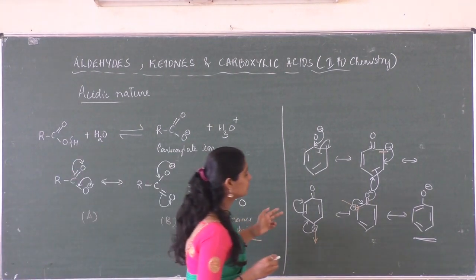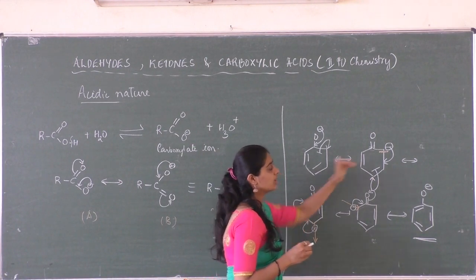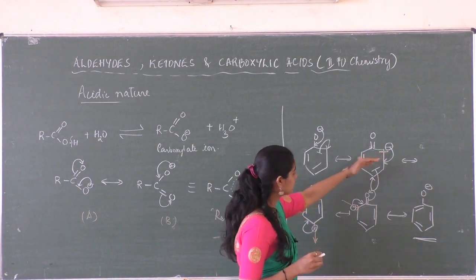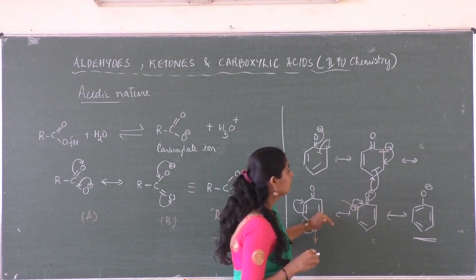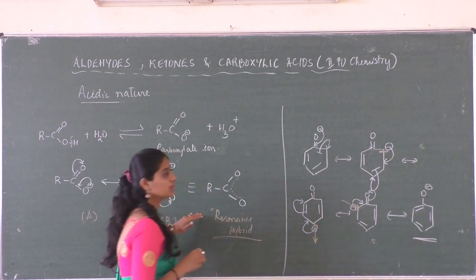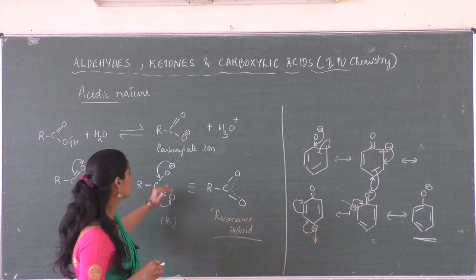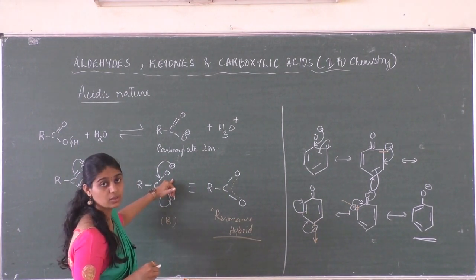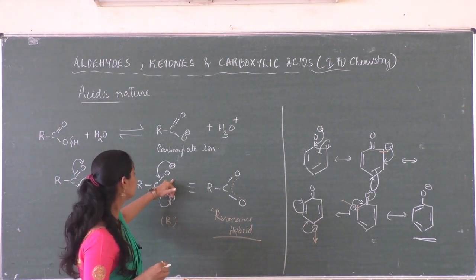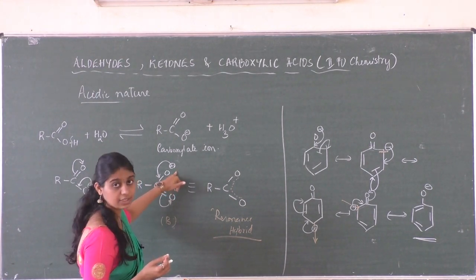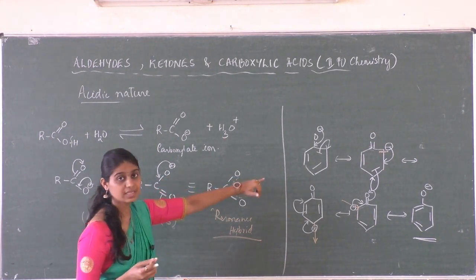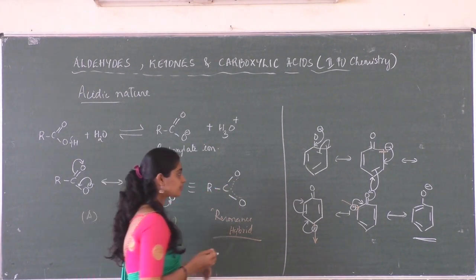One more thing you need to note is that in phenoxide the negative charge is present on the less electronegative carbon atom, whereas in the case of carboxylate it is present on the more electronegative oxygen atom. So the oxygen will more effectively stabilize the negative charge compared to the less electronegative carbon atom.